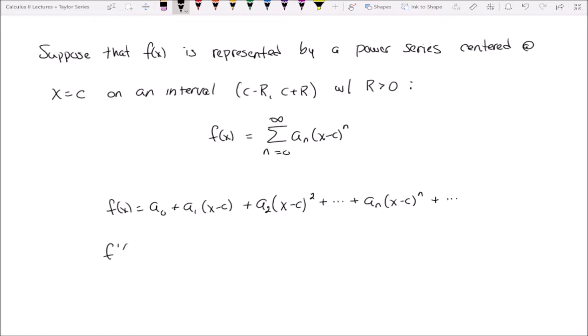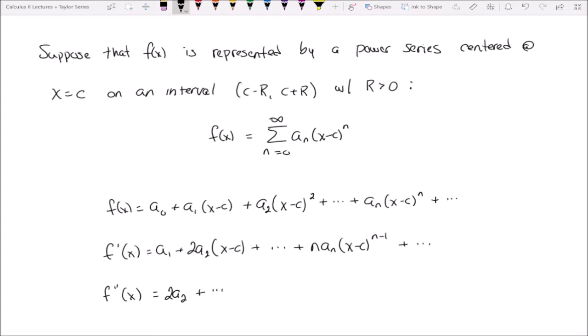So f prime of x is a1 plus 2a2 times x minus c plus so on and so forth plus n a sub n x minus c to the n minus 1. f double prime would be 2a2, and so on and so forth.